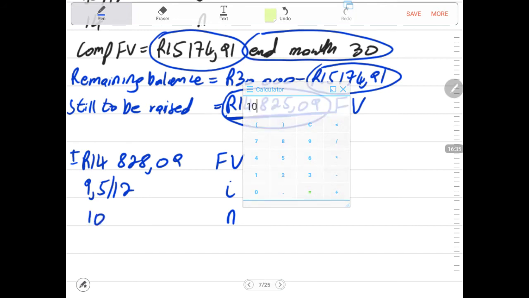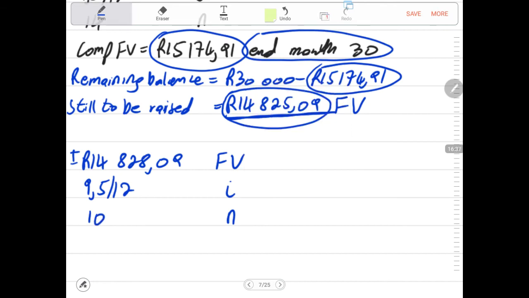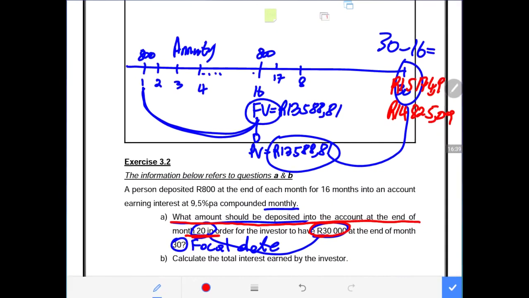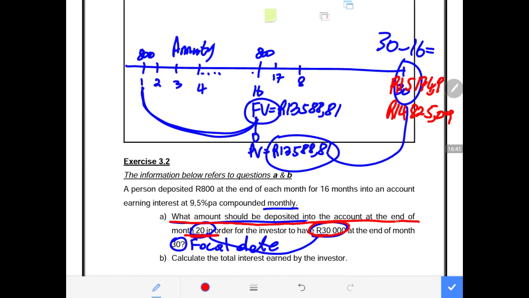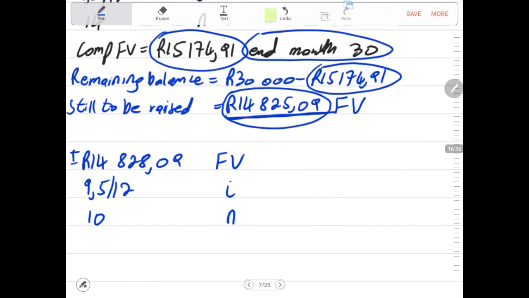The reason we say 10, let us just verify: the payment will be at the end of month 20. That means we will start earning interest from month 21, not from month 20. Although the deposit must be done at the end of month 20, the interest will be earned starting from month 21.